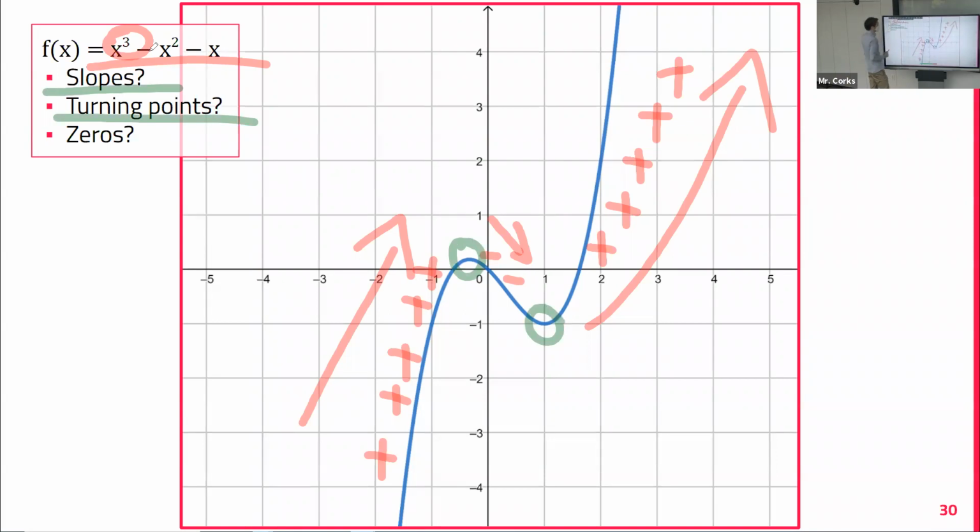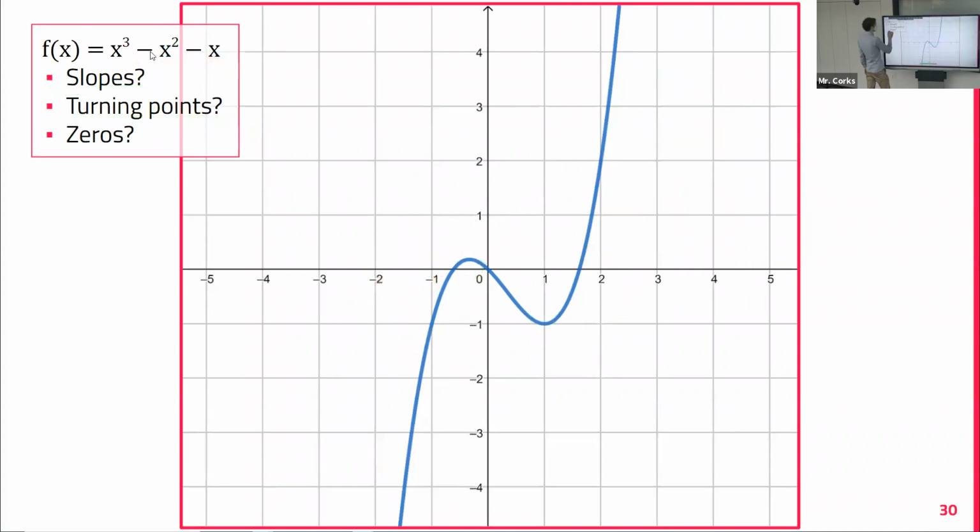One more thing that we should talk about with these functions, not about slopes, but just about the appearance of them in general, zeros. What are the zeros of this function, if anyone knows?